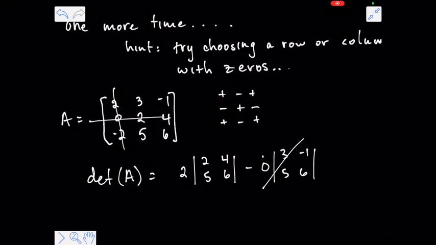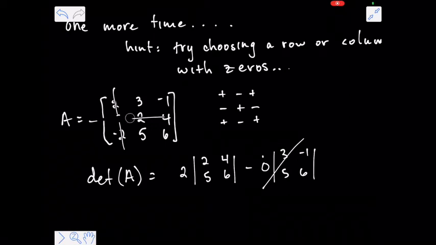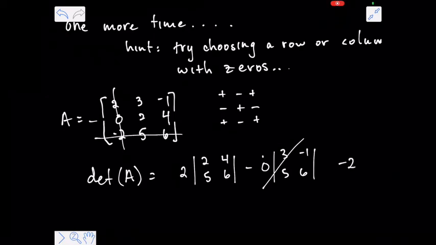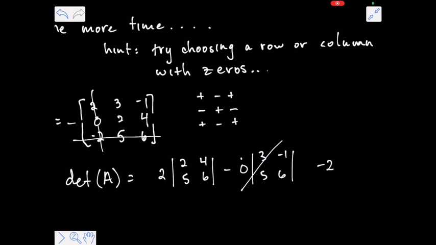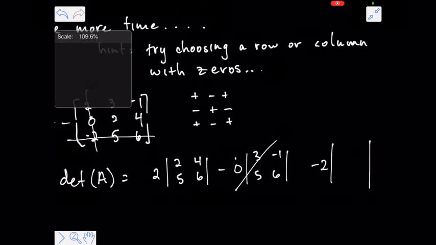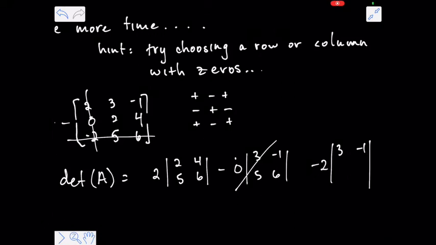Now moving on, I now go to that negative 2 and cross out the row and column for negative 2, leaving 3, negative 1, 2, 4. Now to finish her off, we calculate these determinants. So this is going to be 12 minus 20.